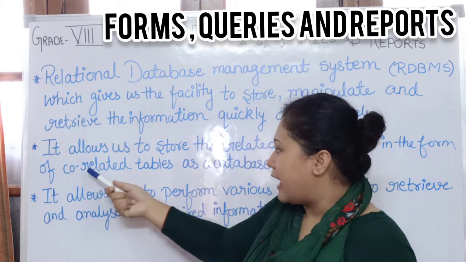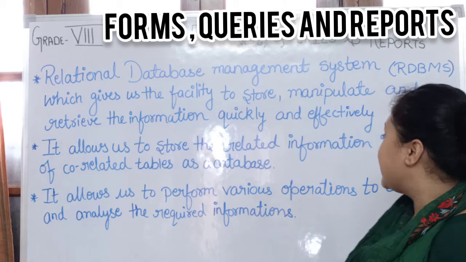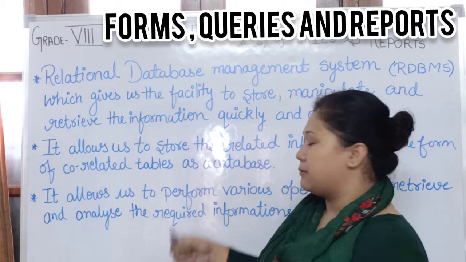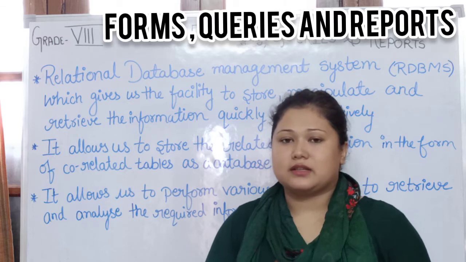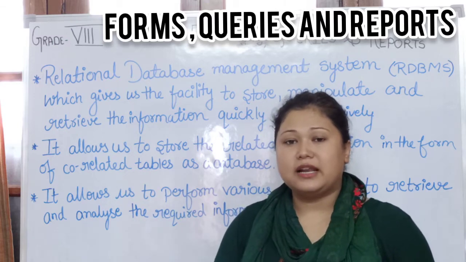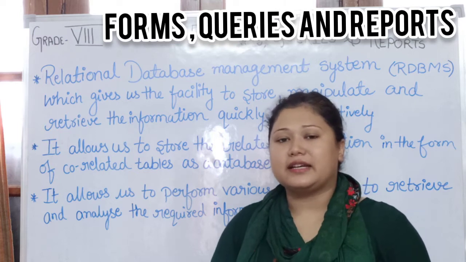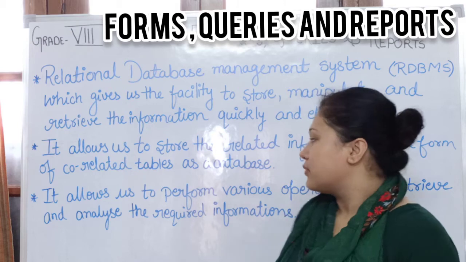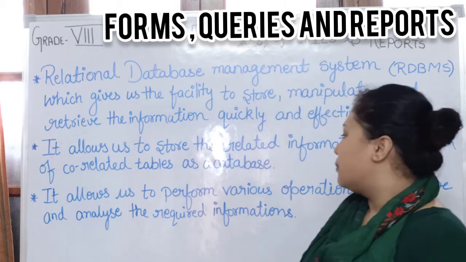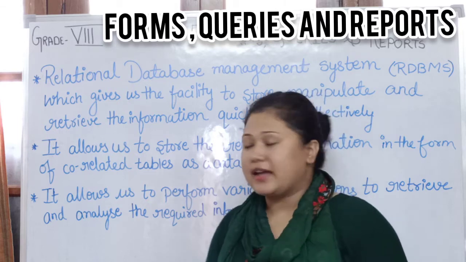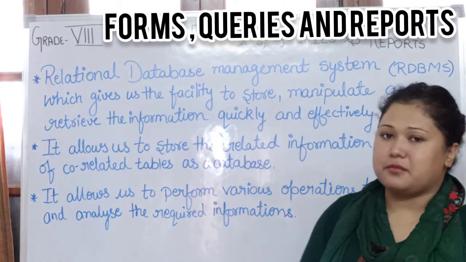Next is, it allows us to store the related information in the form of correlated tables as a database. That means you can organize the data in a table and whenever you need that data, you can easily retrieve it. Alright? It allows us to perform various operations to retrieve and analyze the required information.